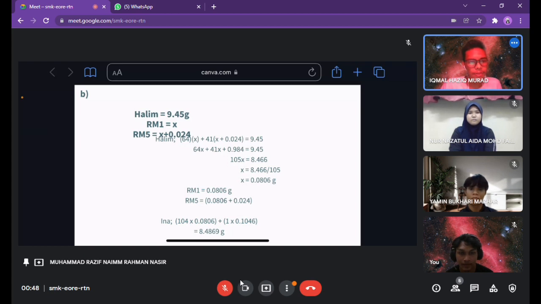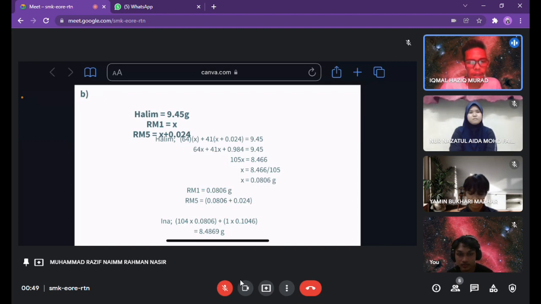Let 1 ringgit be X, and 5 ringgit is X plus 0.024, because a 5 ringgit note is 0.024 heavier than a 1 ringgit note. So to find X, we make the equation 64X plus 41 multiplied by (X plus 0.024) equals 9.45.